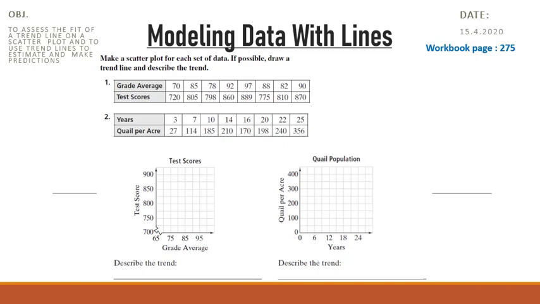Also, if you don't have a linear association, it will not be easy for you. But in the case of no association, you will never be able to draw the line. In nonlinear, you may draw a line.